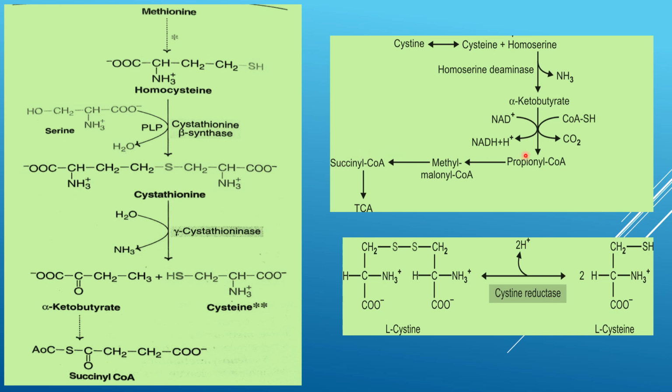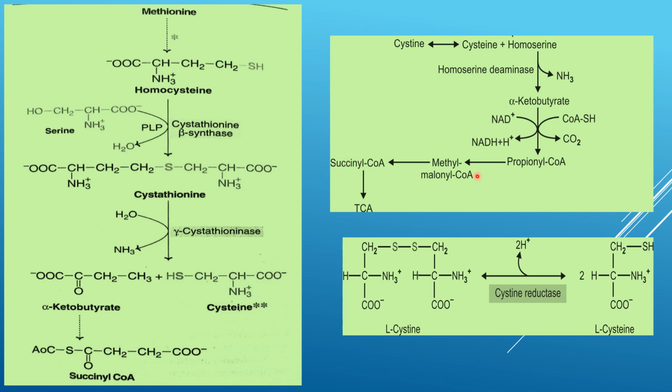So this reaction is a very, very important reaction. We have seen it in the previous metabolism of tyrosine, as well as its important generation in the beta oxidation of odd chain fatty acids.